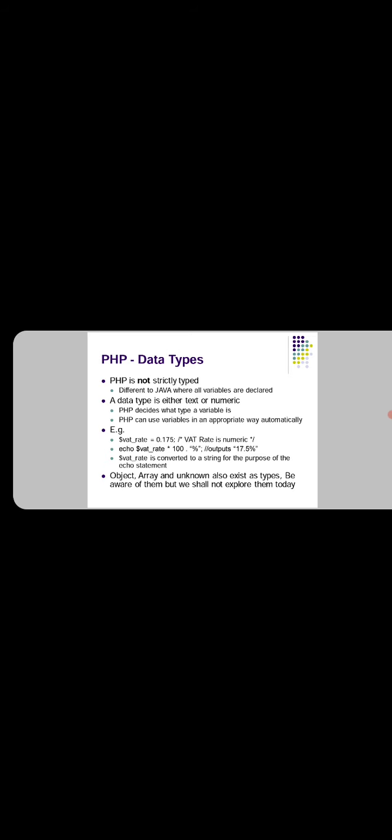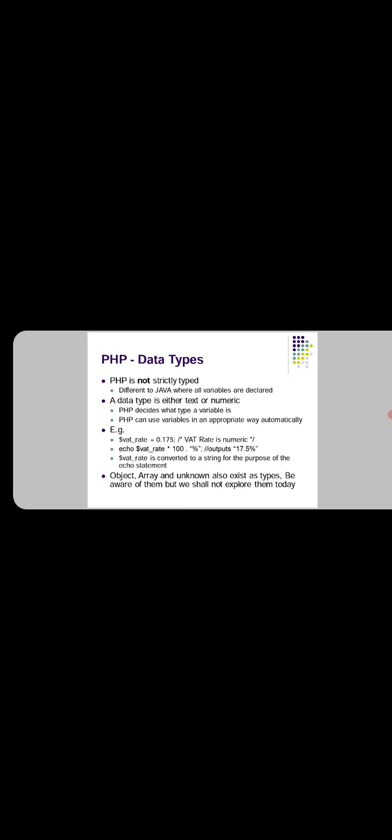Different from Java, where all variables should be defined and declared before they are used in the program, PHP does not require this; without declaring a variable, we may use it directly in the program.